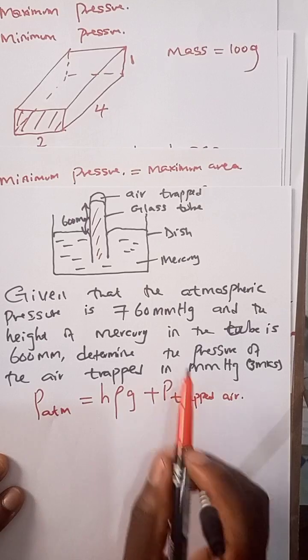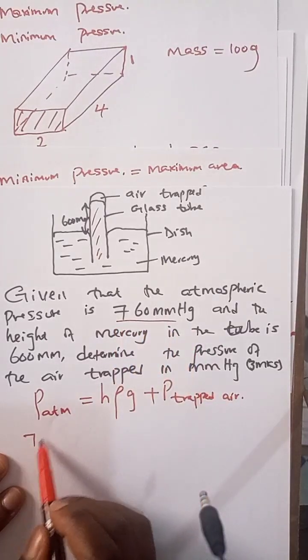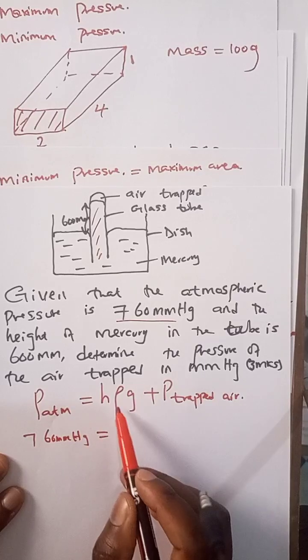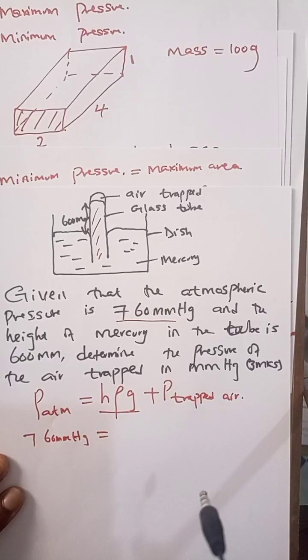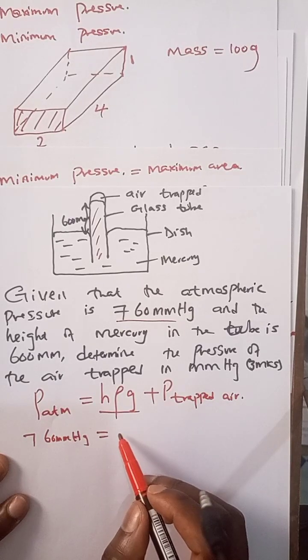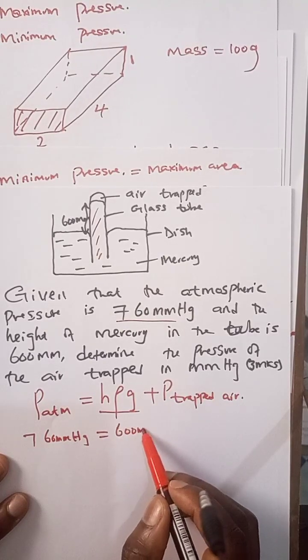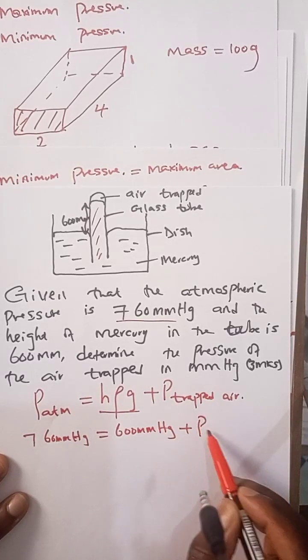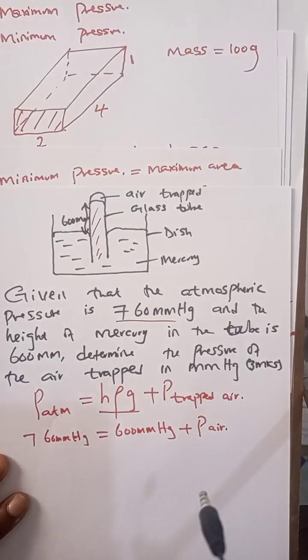And the atmospheric pressure we've been given as 760 millimeters of mercury is equal to the pressure due to the liquid column, which is actually 600 millimeters of mercury, plus the pressure of the air that is trapped.